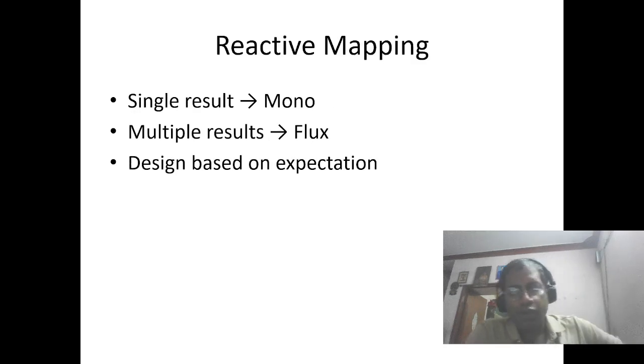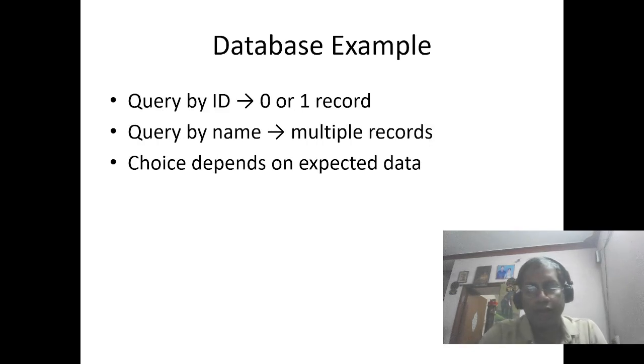Now, if you query by first name, you might get multiple records. So here, Flux becomes the right choice.